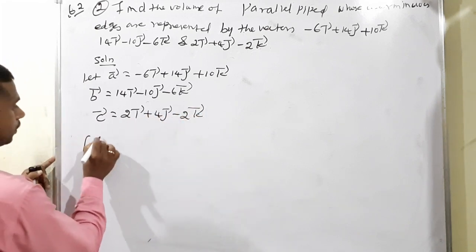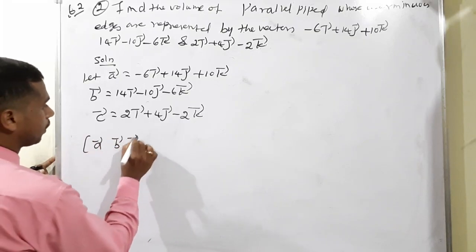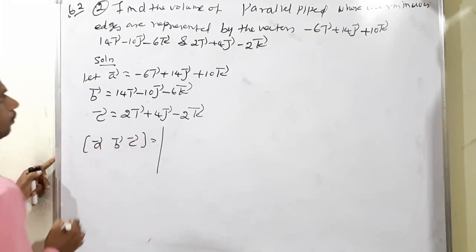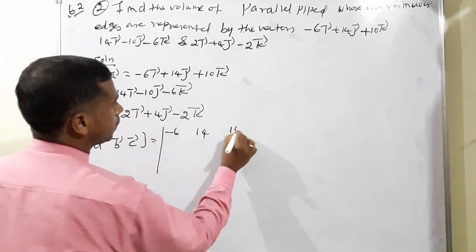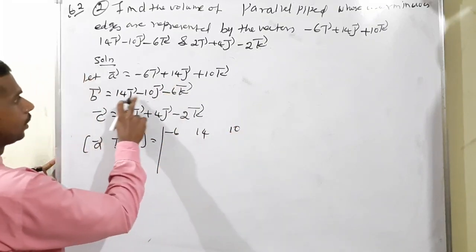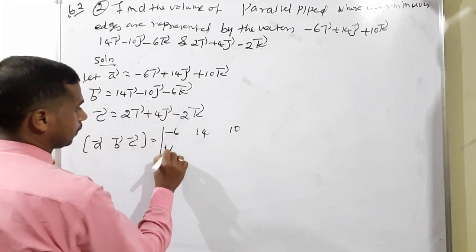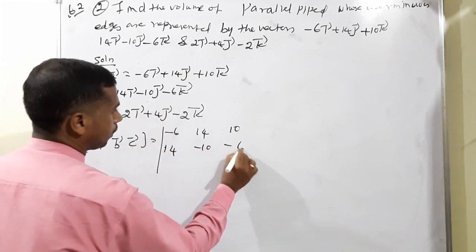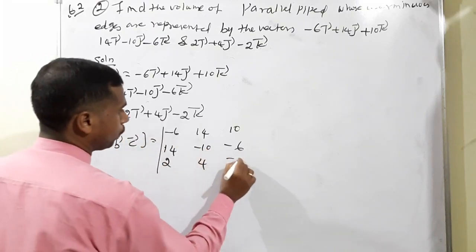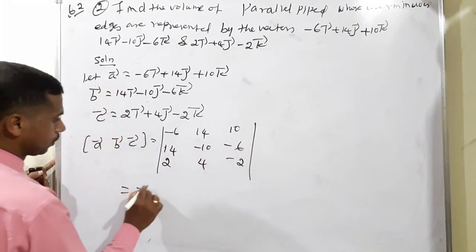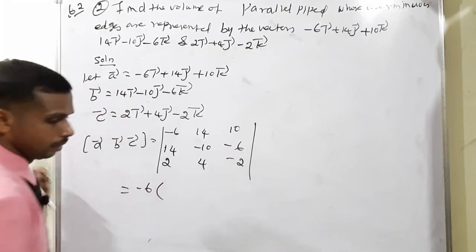Again box product A vector, B vector, C vector is equal to the determinant: minus 6, positive 14, then 10. B vector means 14, minus 10, minus 6. C vector means 2, 4, minus 2.